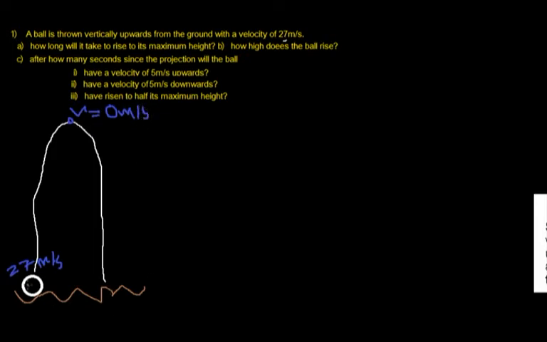The question A is asking, how long will it take to rise to its maximum height? How long is talking about time. The time it needs for the ball to rise to the maximum height.